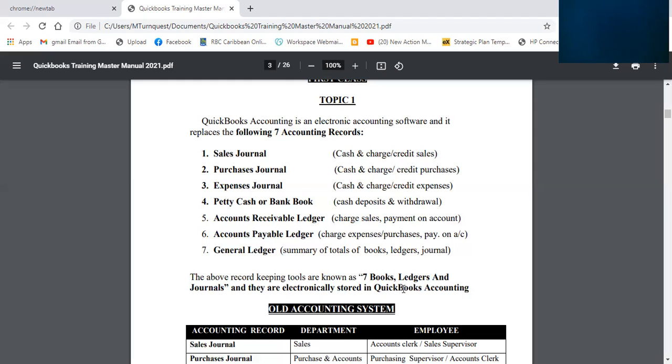Example: toilet tissues, gasoline expenses, some small maintenance, small office supplies, things that are less than $100, you see?